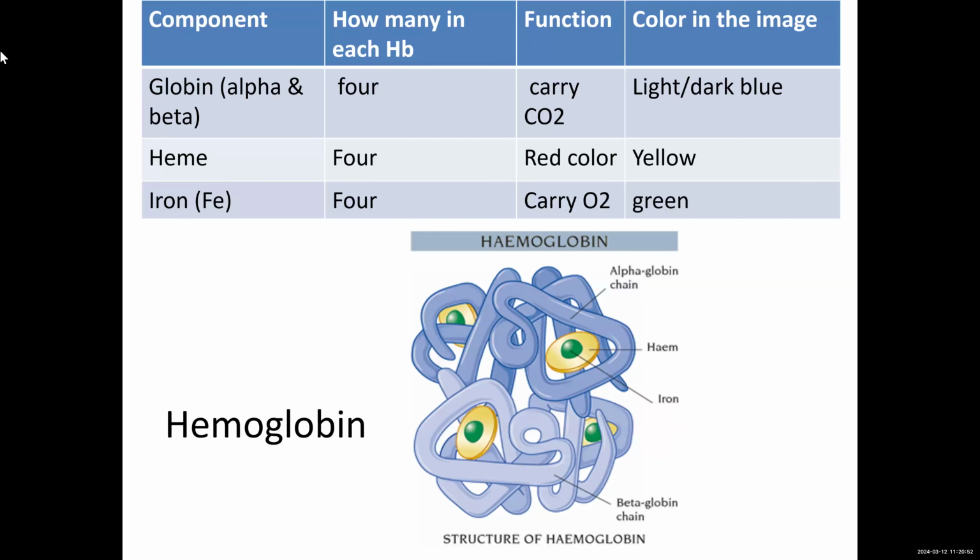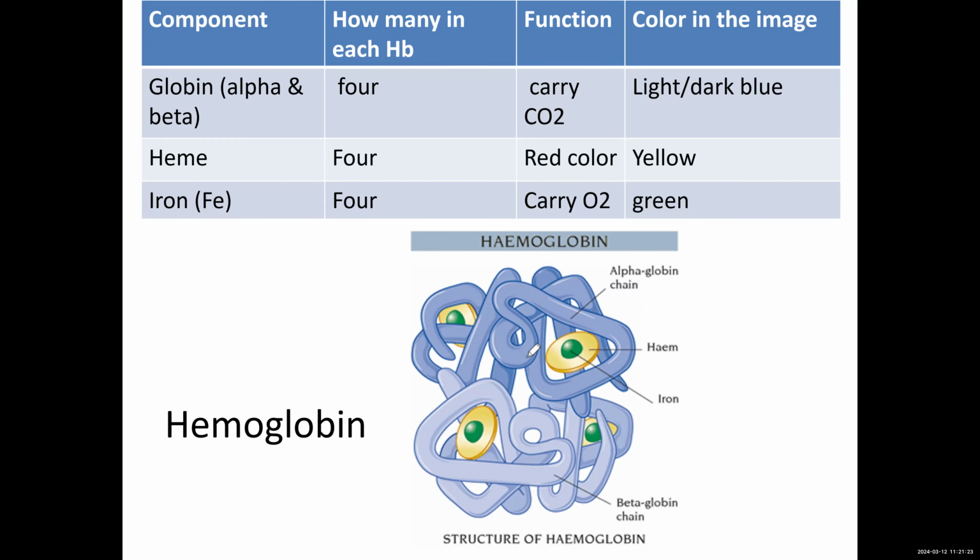So what is hemoglobin made of? You can see this diagram here, and all this blue stuff shown in light and dark blue is actually protein. This protein is called globin. We have 2 alpha chains and 2 beta chains. The alpha chain is shown in dark blue, and beta in light blue. That's a globular protein.